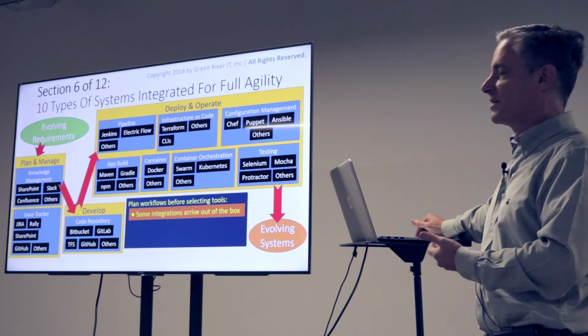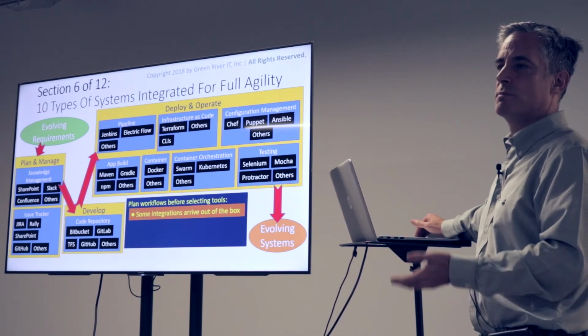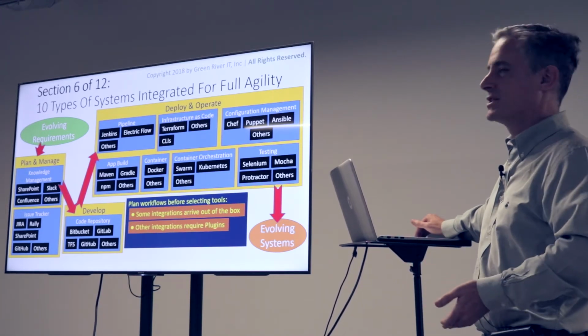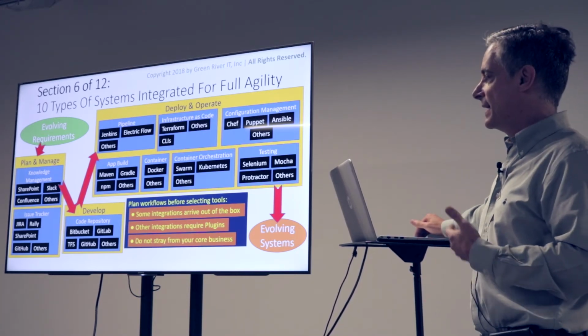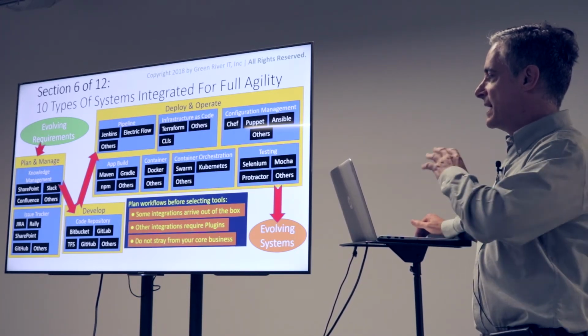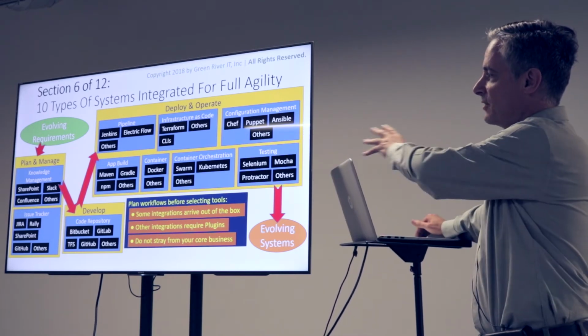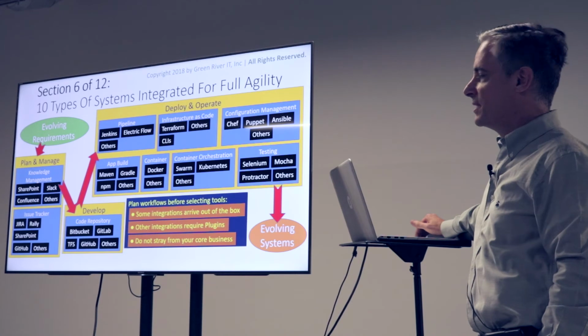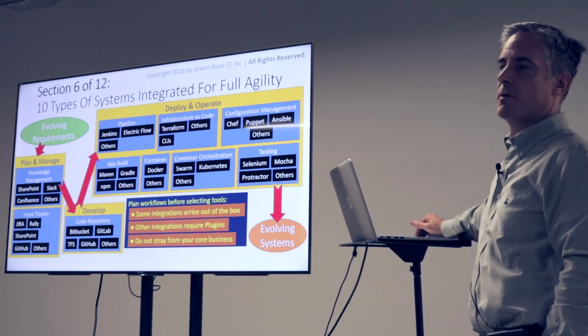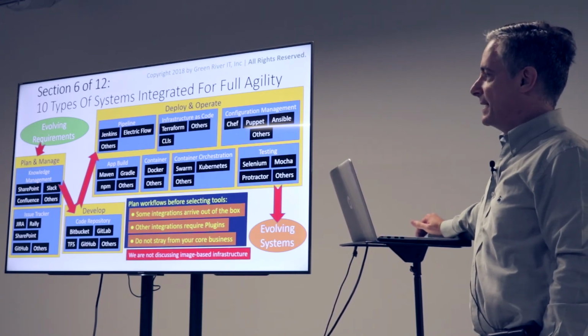Some integrations are going to come out of the box in some tools more so than others. Other integrations require plugins, but there are a lot of plugins that are available. And the idea here is that we need to be able to integrate these 10 types of systems, and we want to do it in a way where we're not straying from our core business.